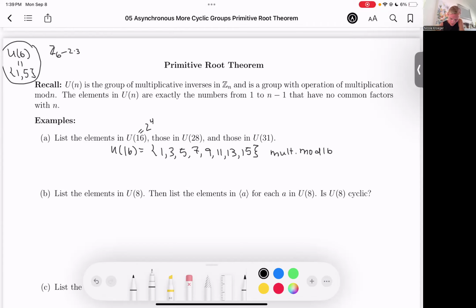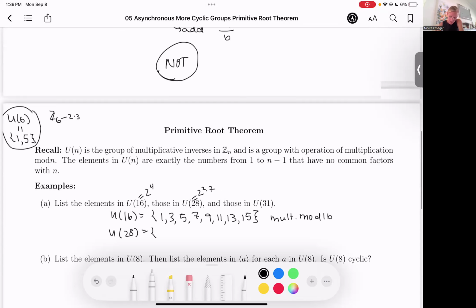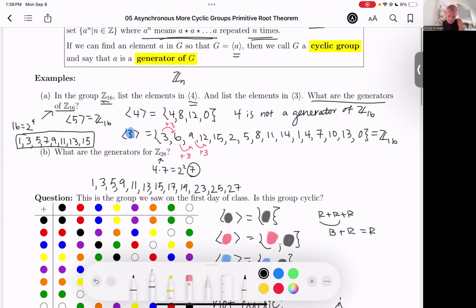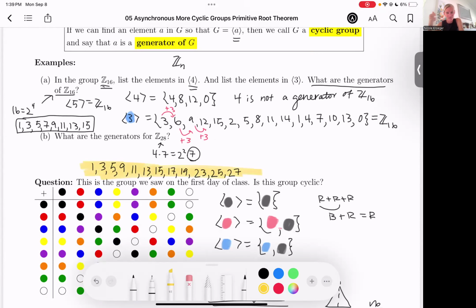The things in U28, 28 again is 2 squared times 7. So we're looking for all the numbers that are relatively prime to 28, which means have no common factors with 28. So it means numbers that don't have any 2s as factors and don't have any 7s as factors. These are going to be exactly the same kind of numbers as the generators for Z28.